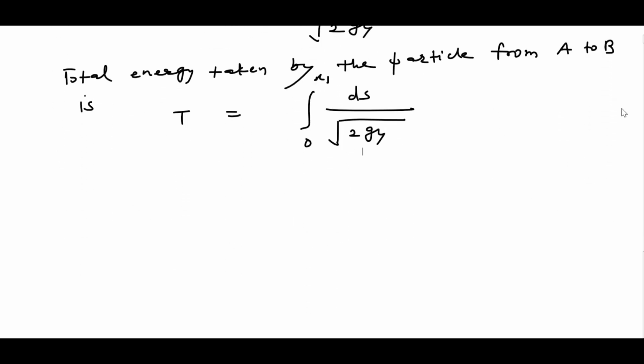And we know that ds is the arc length, that is square root of 1 plus y dash whole square dx, over root 2 g y.